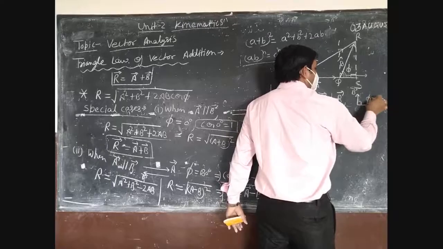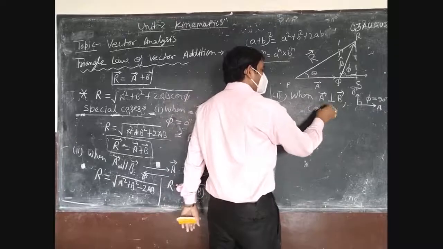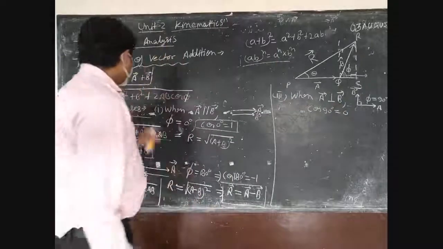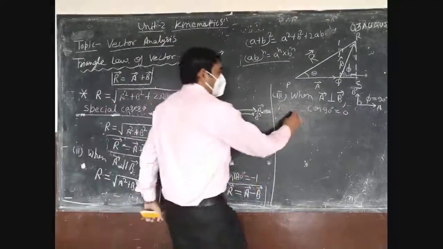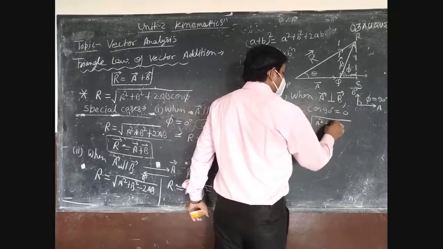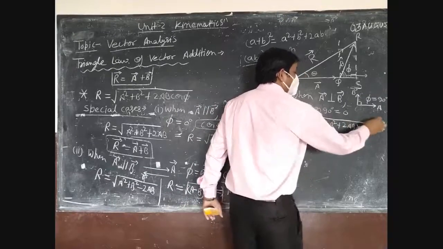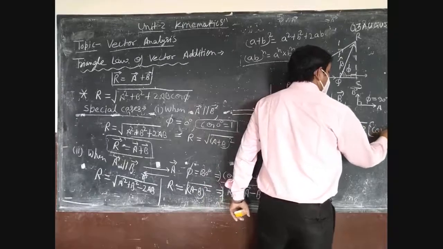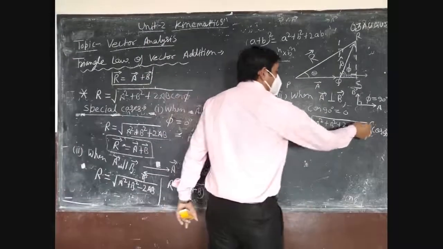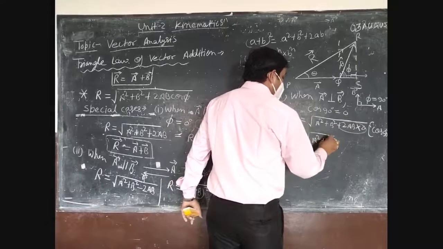That is, phi is equal to 90 degree for this situation, and you know that the value of cos 90 is 0. Now from the resultant formula, R will become under root A squared plus B squared plus 2AB into 0, because cos 90 degree is 0. So this will become completely 0. That is, R is equal to under root A squared plus B squared.